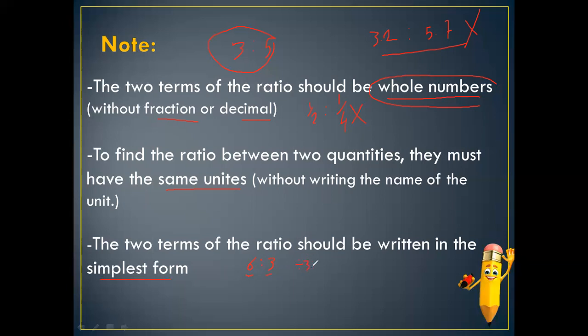So 6 divided by 3 equals 2, and 3 divided by 3 equals 1. So now I get the simplified form of the ratio 6 to 3. So I have to simplify the numbers.